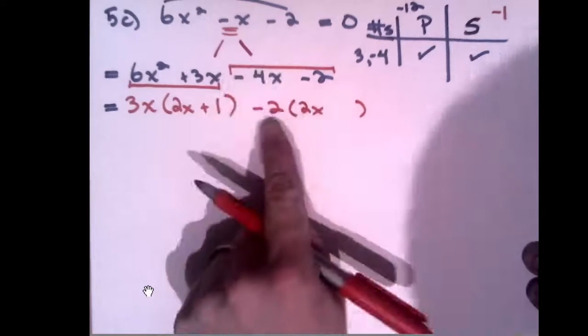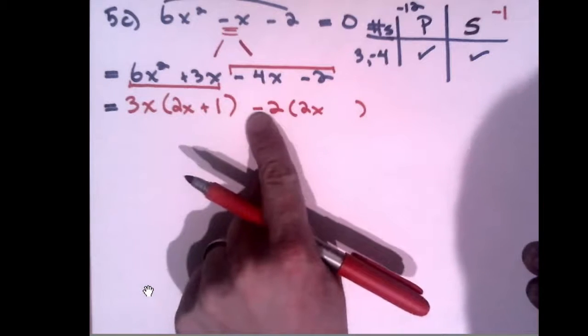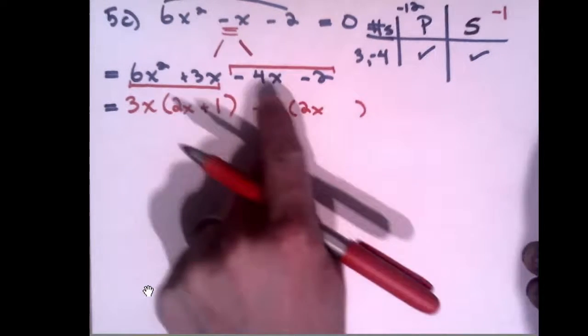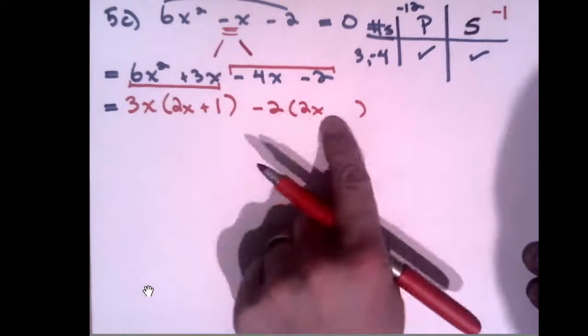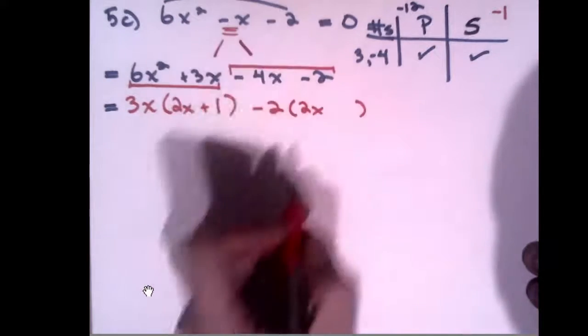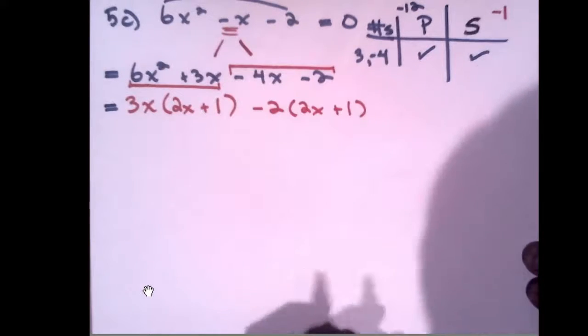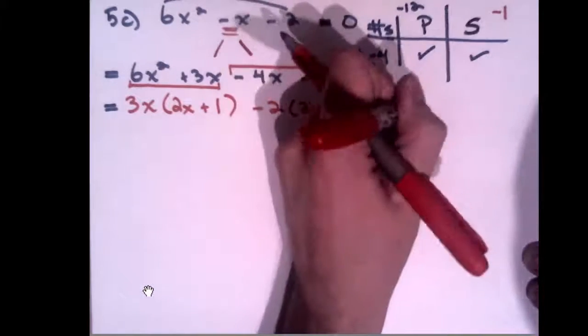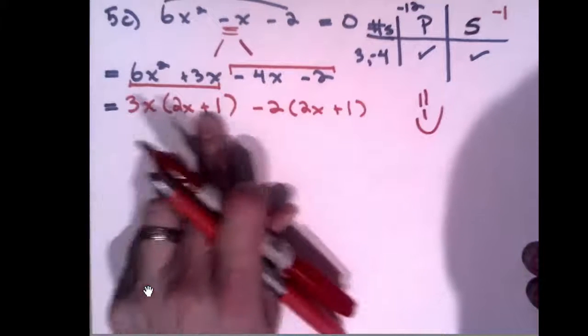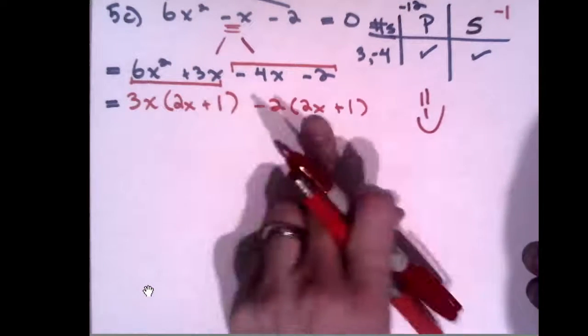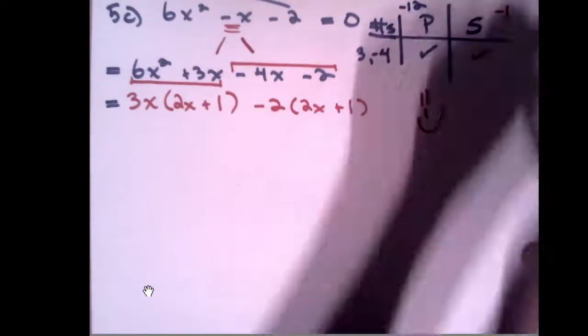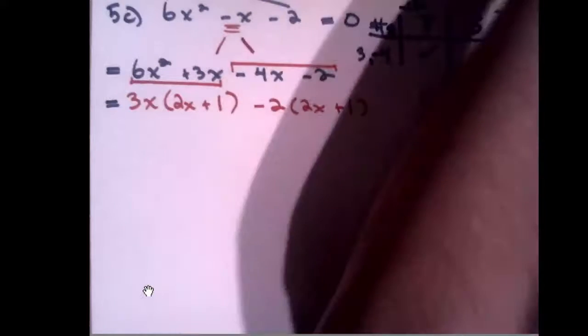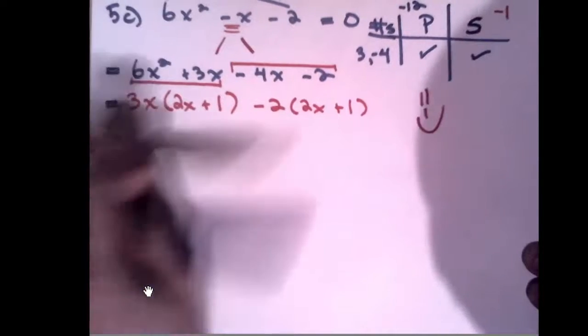Okay, and then you can just check it. -2 times 2x does give -4x. All right, and then -2 times what gives -2? +1. And you're really, really happy, okay, when you see that this binomial here and this binomial here match. All right, all you need to now do is write that out front.